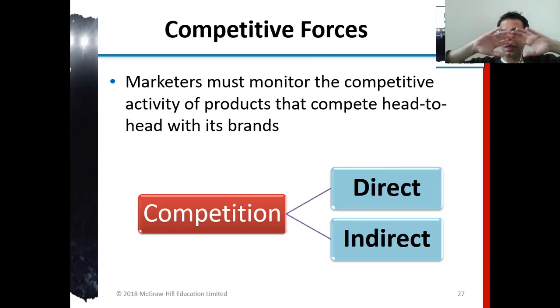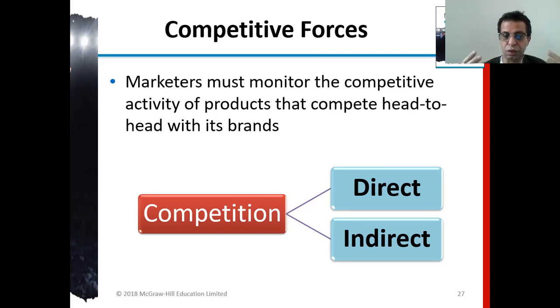Then you need to look at your competitive forces. A marketer must monitor the competitive activity of the products that compete head-to-head with its brand. So whether it's Adidas, how it's competing with Nike and where, and on what occasion, or vice versa, or Pepsi, how it's competing with Cola, and vice versa, where and how it's done.